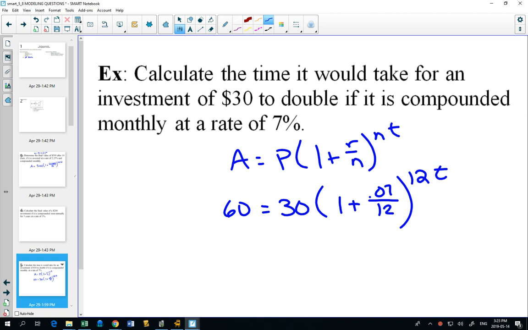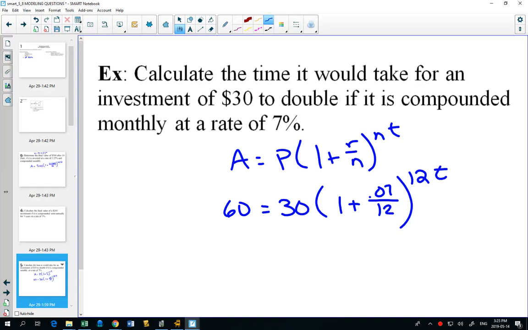Now, one thing that I'm going to get you to do with these ones to make your log laws easier is instead of taking the log of both sides right away, I'm going to get you to simplify. What could we divide both sides by to get the power all by itself? Can you see you could divide both sides by 30?